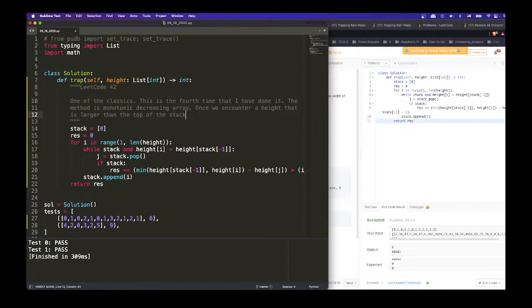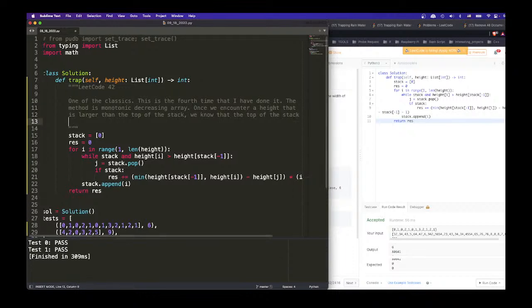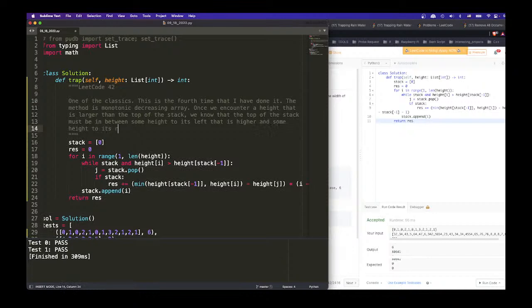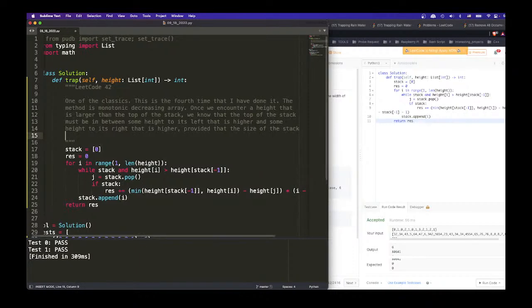Once that is true, we know that the top of the stack must be in between some height to its left that is higher and some height to its right that is higher, provided that the size of the stack is larger or equal to 2.